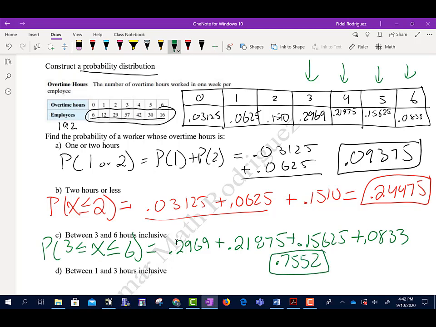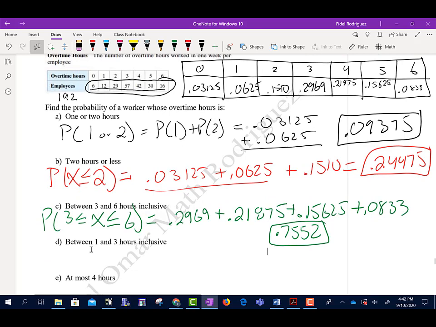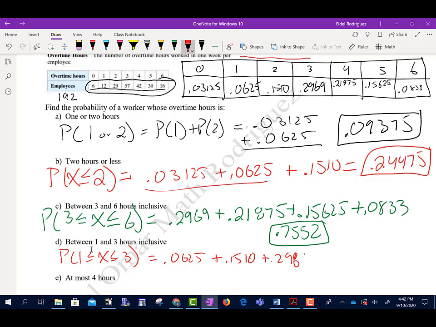Okay. And then it says between 1 and 3 hours inclusive. Between 1 and 3 hours inclusive would be those there. So 0.0625 plus 0.1510 plus 0.2969.